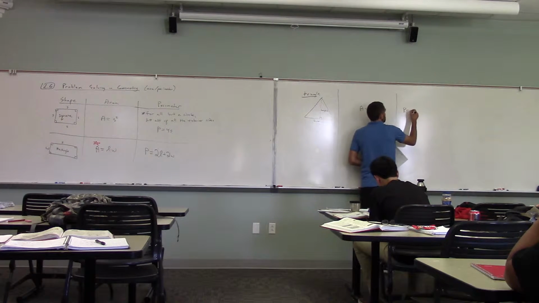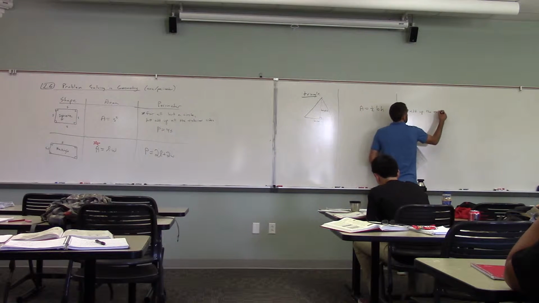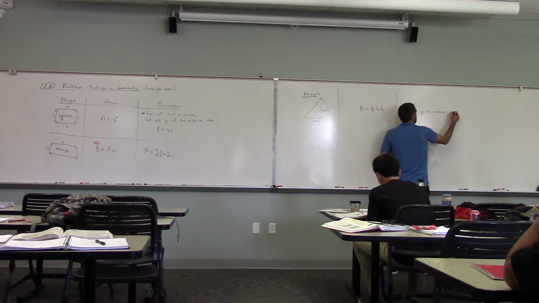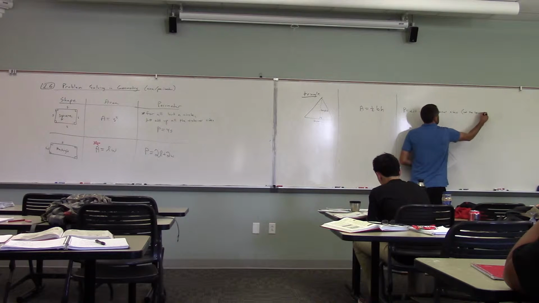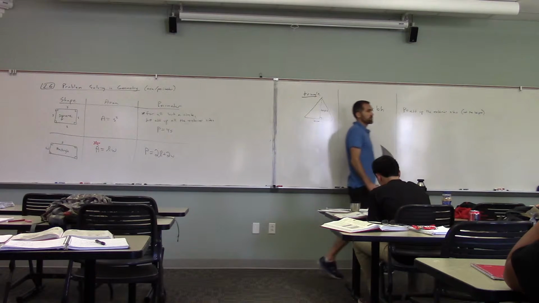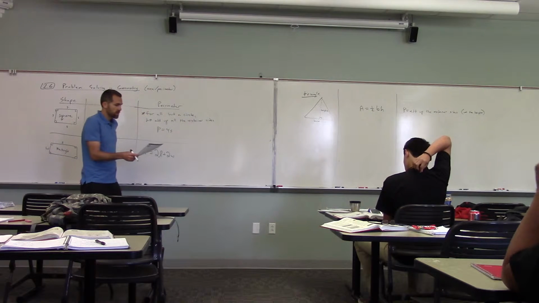The perimeter is, add up the exterior sides. We don't include the height when we add up all the exterior sides. Okay.